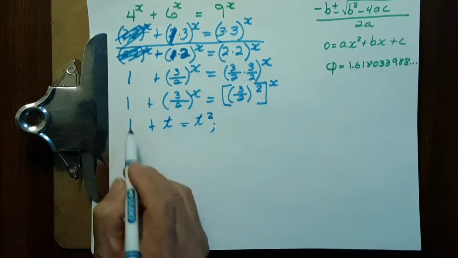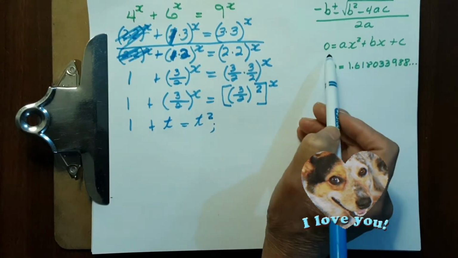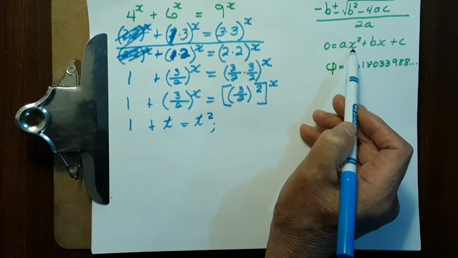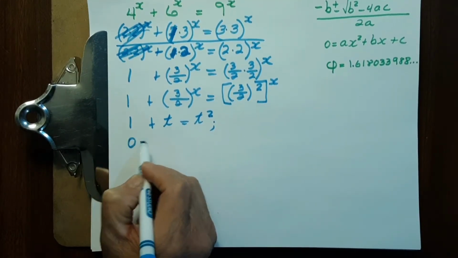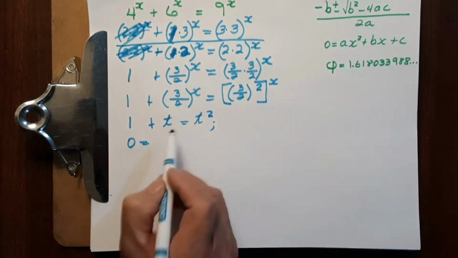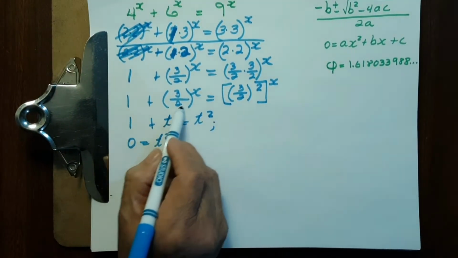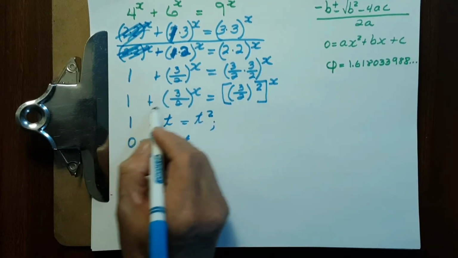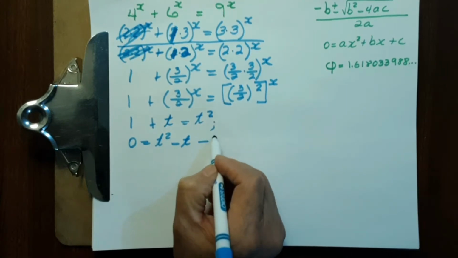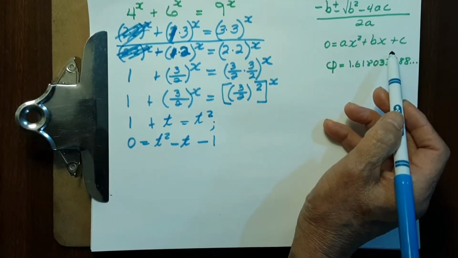If we fix this in order to make it like that, see, 0 first and then first term, second, third, we do it like 0 equals the square first, t squared. This is gonna be this side minus t, this one is gonna be this side minus 1. Now we have it like that.